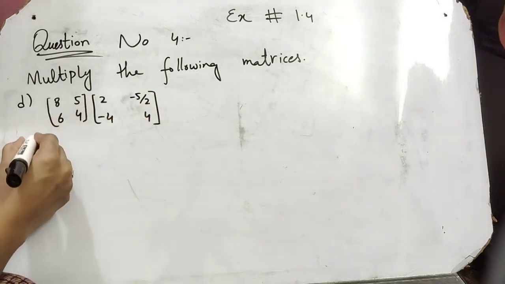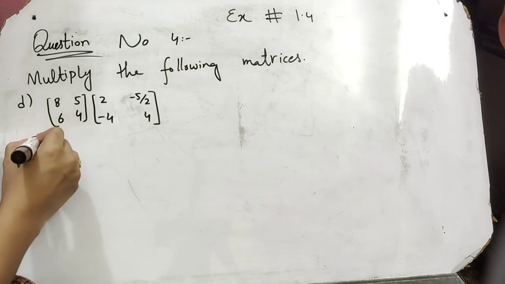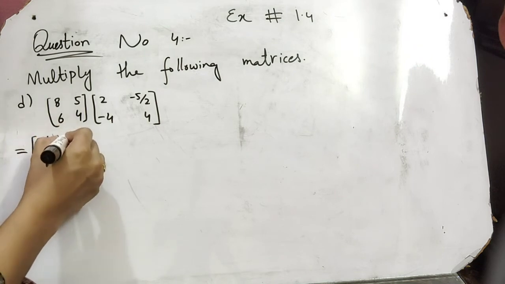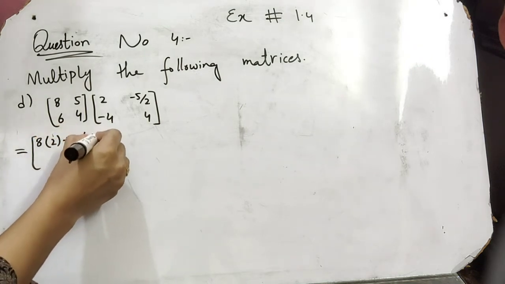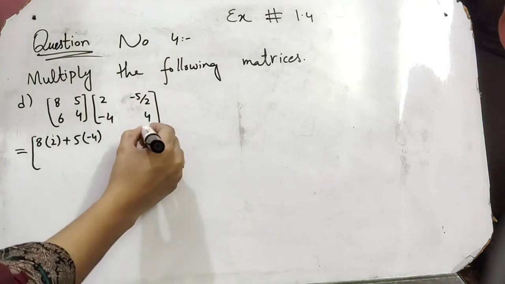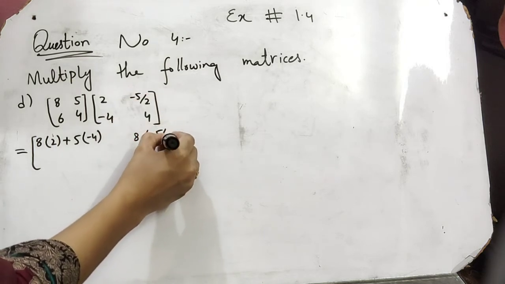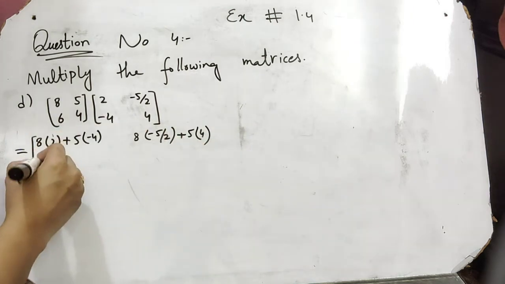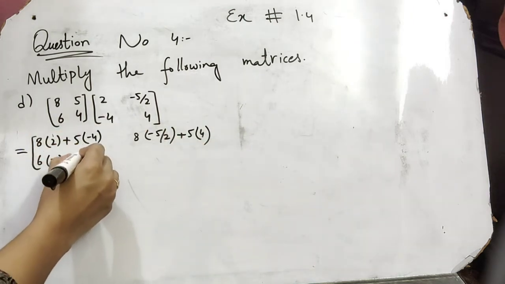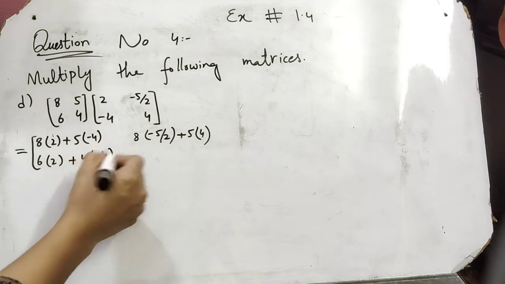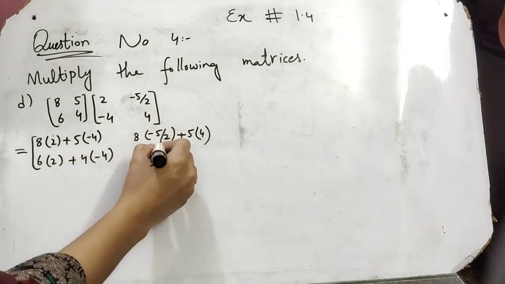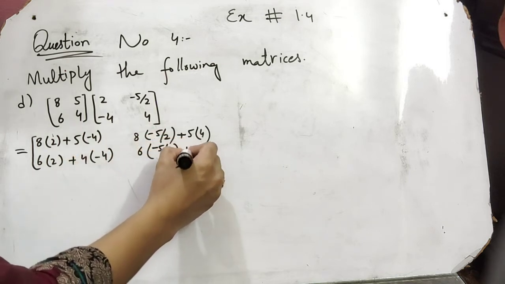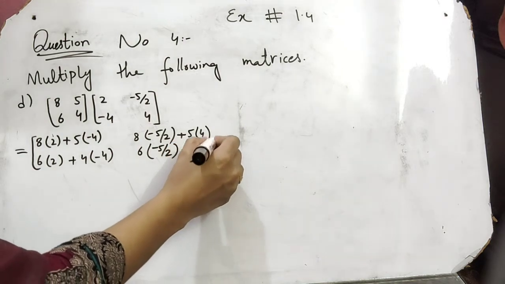The multiplication will be equals to 8 into 2 plus 5 into minus 4, 8 into minus 5 by 2 plus 5 into 4, 6 into 2 plus 4 into minus 4, 6 into minus 5 by 2 plus 4 into 4.